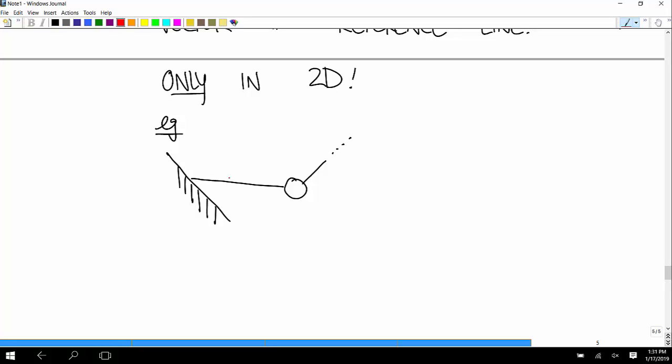But let's say that we know that this wall makes an angle of, this looks like 50 degrees with the horizontal maybe.